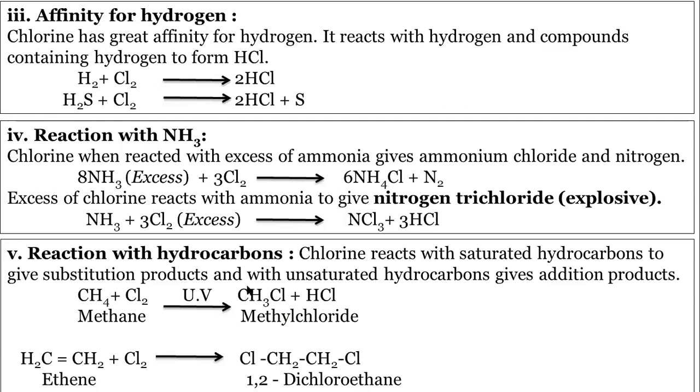The reaction stops when all the hydrogens are replaced with chlorine. So in this reaction, we get more than one product. Then chlorine reacts with ethene. The reaction takes place across the double bond. The double bond is broken and converted into a single bond. We get 1,2-dichloroethane. These reactions are also covered in halogen derivatives.